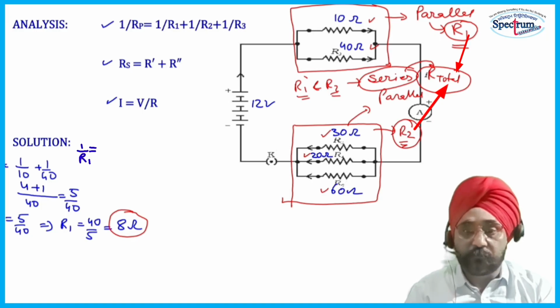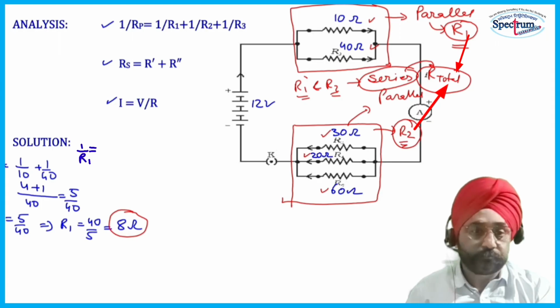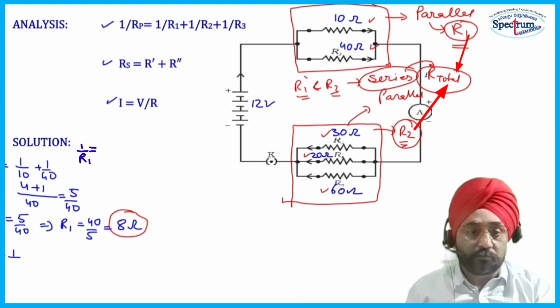Similarly, we find R2. 1 over R2 is equal to 1 over 30 plus 1 over 20 plus 1 over 60. LCM is 60.